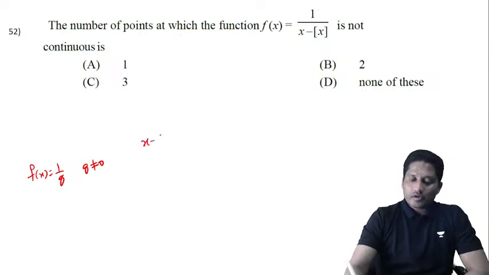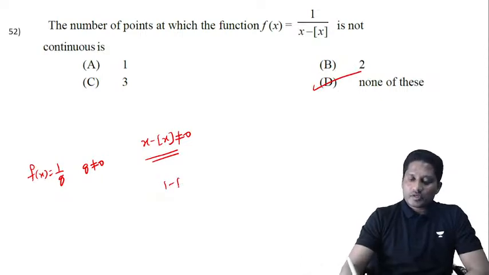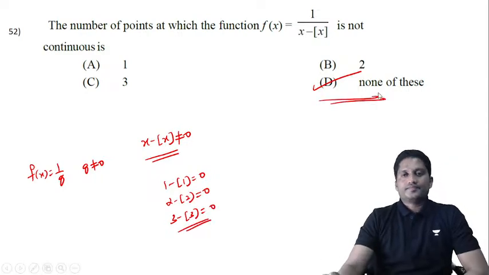So x minus box x should not be 0. Right, answer is none of these. Because 1 minus box 1 will be 0. 2 minus box 2 will be 0. 3 minus box 3 will be 0. Should be none of these.